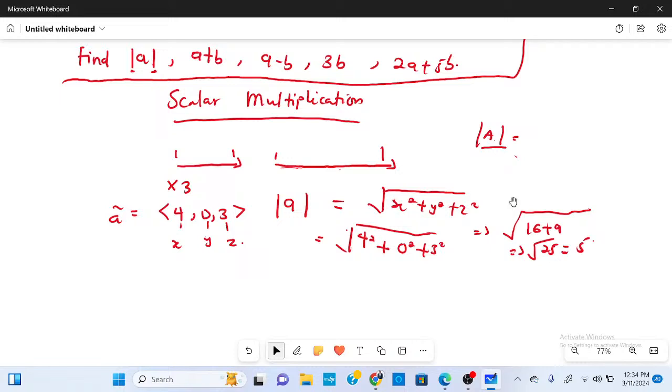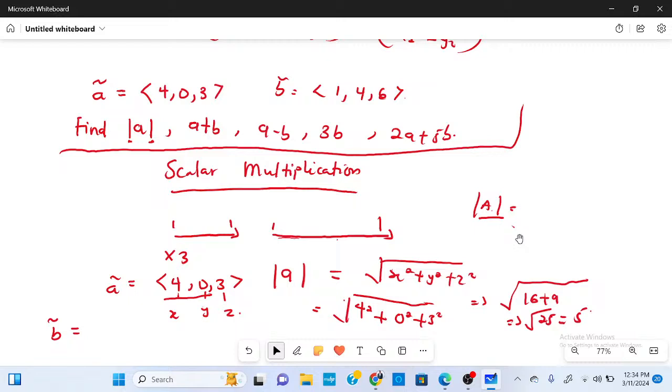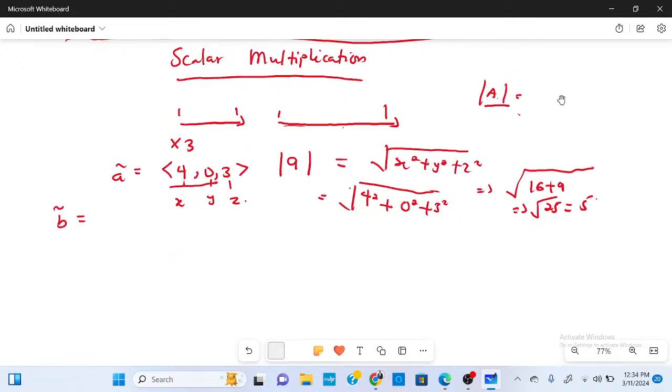Then the second part is we should find A plus B. So I have my A here. Let me write my B here. B is equal to <1, 4, 6>. To find A plus B, we open up <4, 0, 3> for A plus my B, which is <1, 4, 6>.